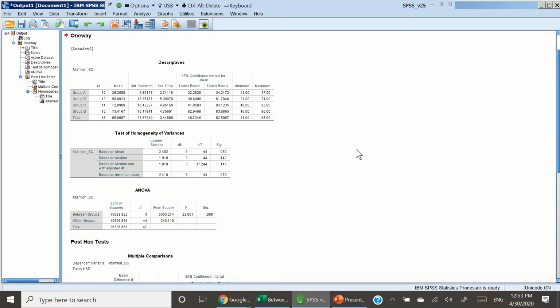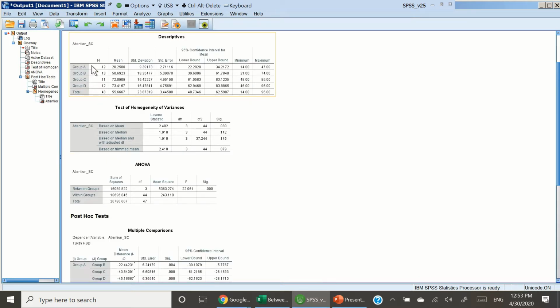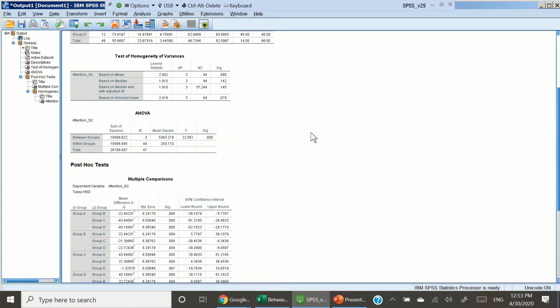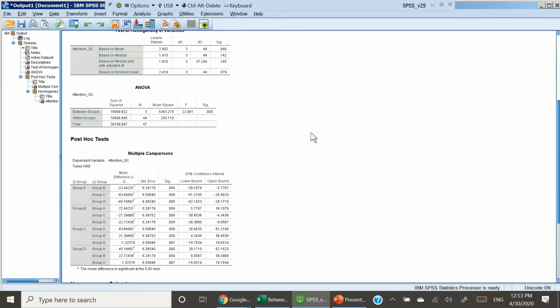Now you'll see that the data here should match up exactly with the data from AStatS-A, the website, that just gave you. It gives you the number, the mean, standard deviation, and standard error. It also gives you the result of the homogeneity of variance test, which we don't really need to look at. The important part is the ANOVA.